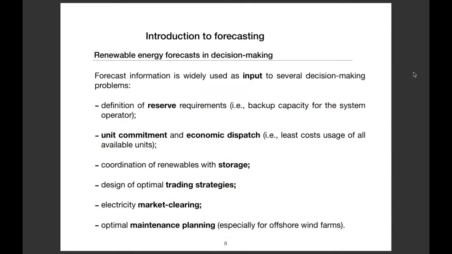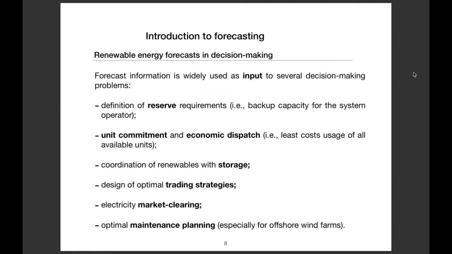So this is why forecast information is widely used as input to several decision-making problems in the energy sector. So for instance, for the definition of reserve requirements, that is the backup capacity for the system operator. So system operator is the TSO. And if it knows in advance how much reserve it will have, it's easier for it to balance the system.